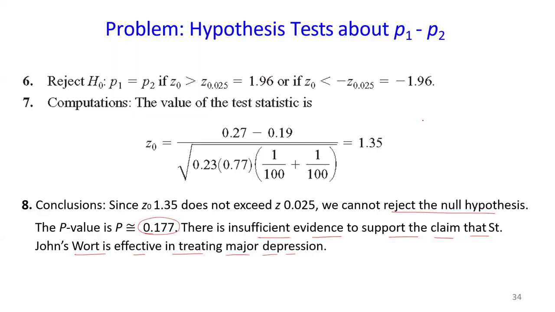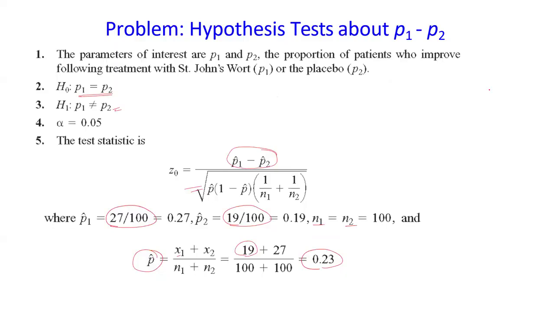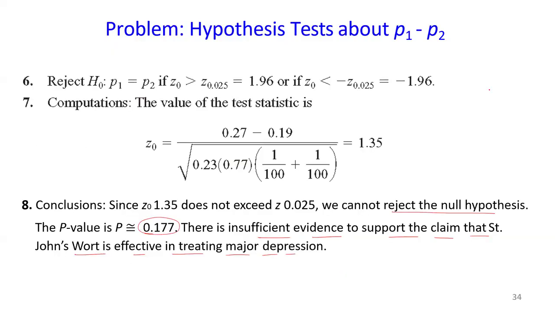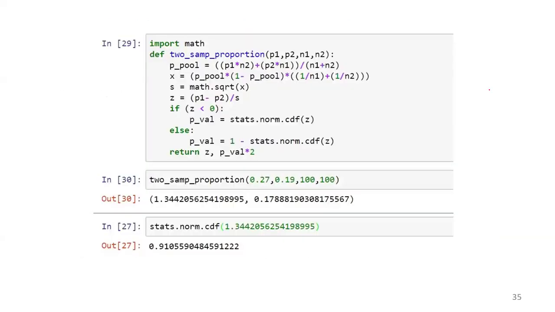Now I can perform the upper tail test to further prove that this is effective, that more patients consuming this particular medicine show improvement. That's something I can do. Here it was just whether they are the same or not the same, and that's what we have solved in this problem.